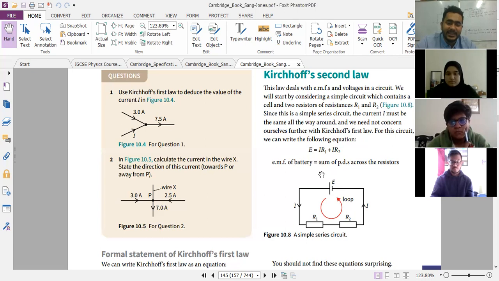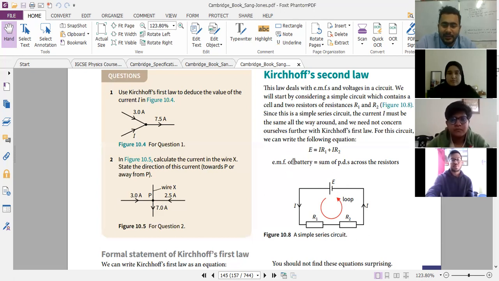The EMF of the battery will be applied across R1 and R2. So if we know the voltage of R1 and the voltage of R2, and if we just add them, we will get the EMF. Clear? Make sense?